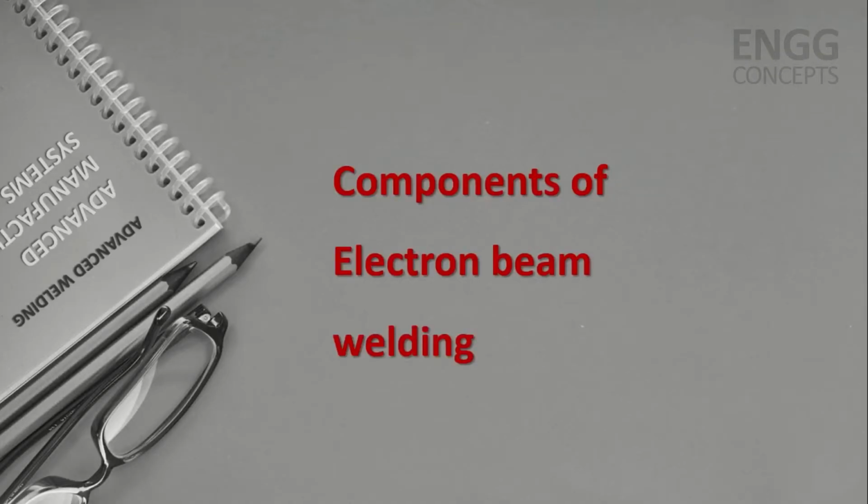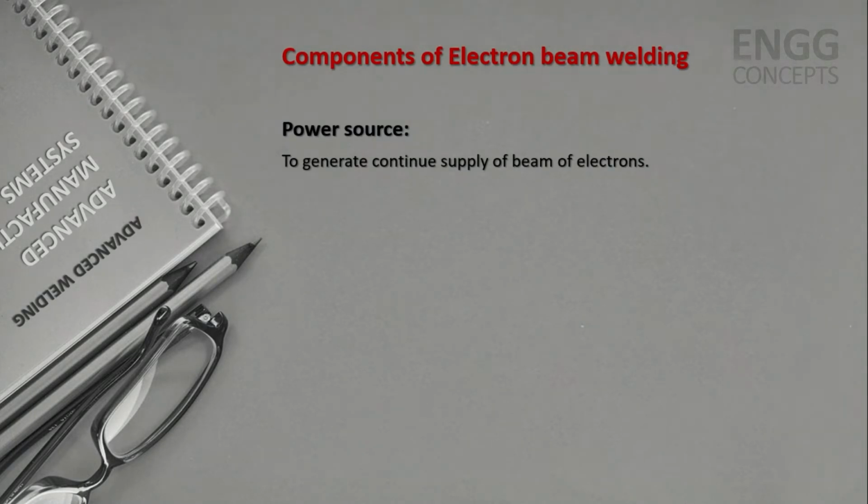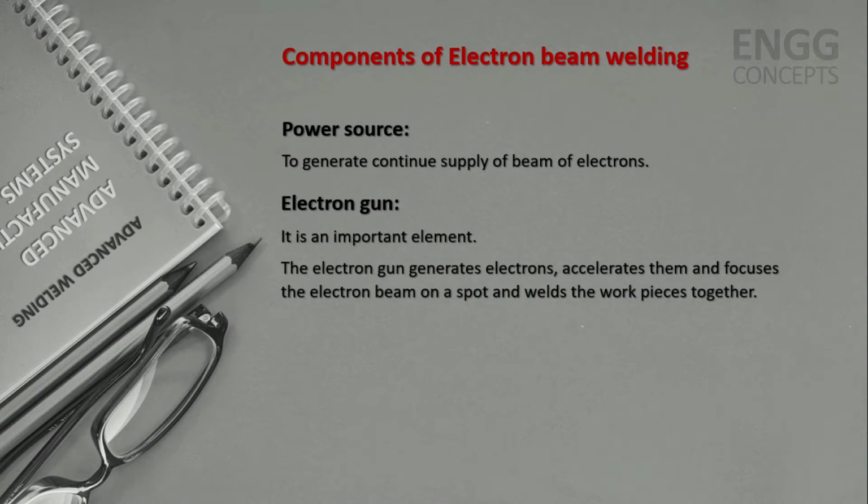So let's see various components of electron beam welding. First is the power source. For this welding process to generate a continuous supply of a beam of electrons, we need a power source. And the electron gun. The electron gun is an important element of electron beam welding.